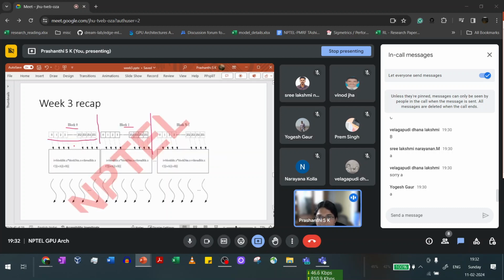The thread ID within each block is the number that you see here. For instance, this has a thread ID of 254. Now in block 1 also there is a thread with ID 254. One way you could refer to this was something like 1 comma 254, or two-dimensional indexing: one index for the block and one index for the thread.